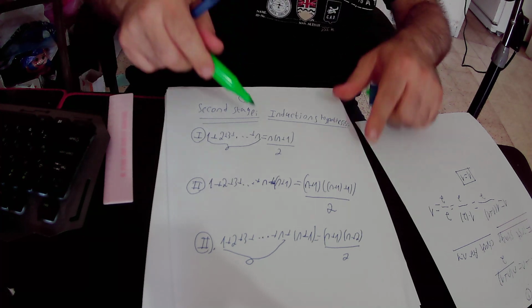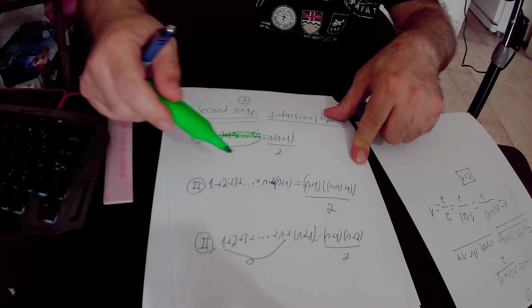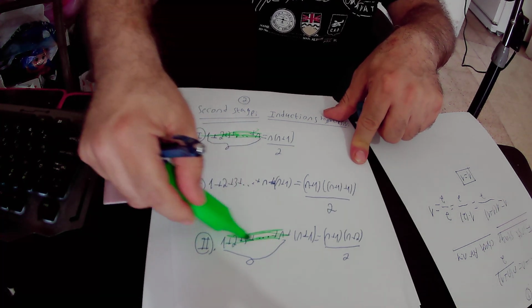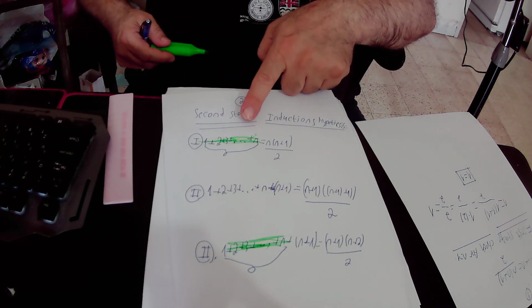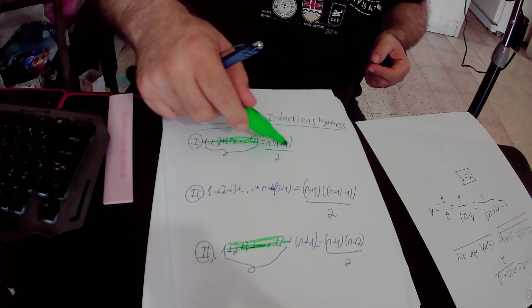So they are exactly the same. But as we see here, this expression equals n times n plus 1 divided by 2.